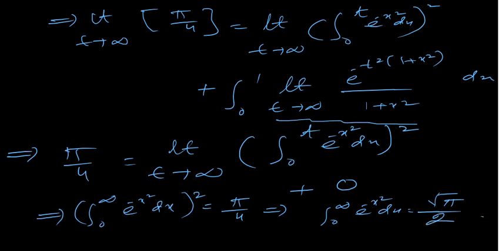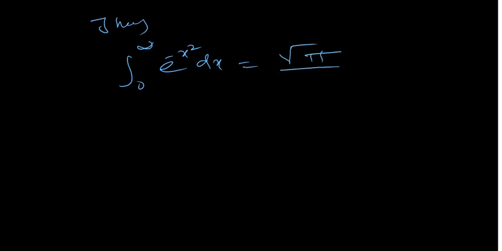So that closes this Euler integral. Thus integral 0 to infinity e power minus x square dx is equal to root of pi divided by 2. So that was our theorem actually.